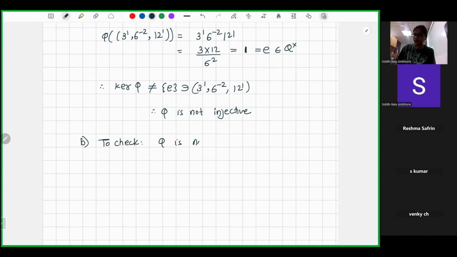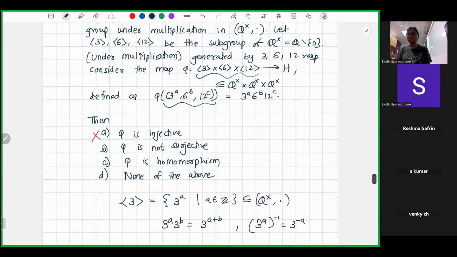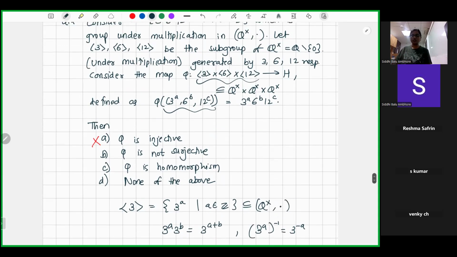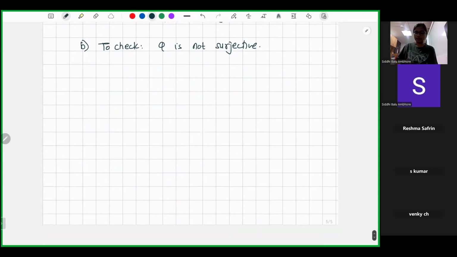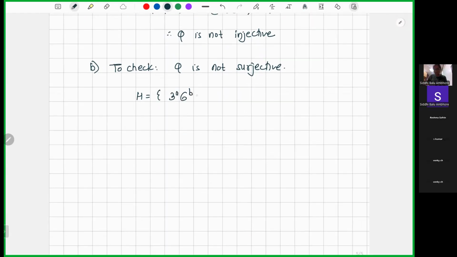They want us to check whether phi is not surjective. So is phi not surjective? Is there any element which does not have a pre-image? H has this kind of element: 3 power a, 6 power b, 12 power c, such that a, b, c in Z. So is there any element in this H?